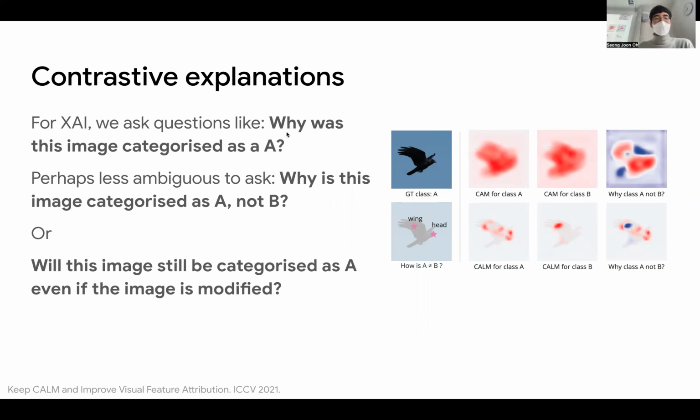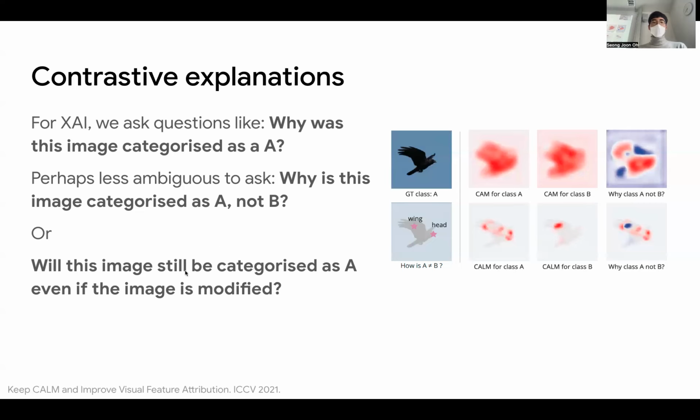The argument I'm trying to make is that it's better to ask questions like, why is this image categorized as A rather than B? That makes the foil clearer. Another way to extend this question is, will this image still be categorized as A, even if the image is modified to something else?